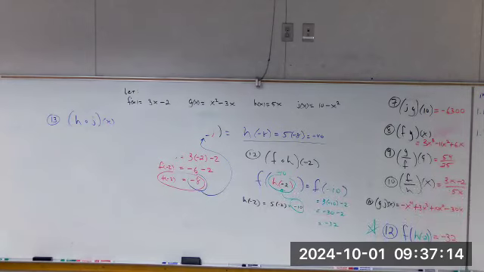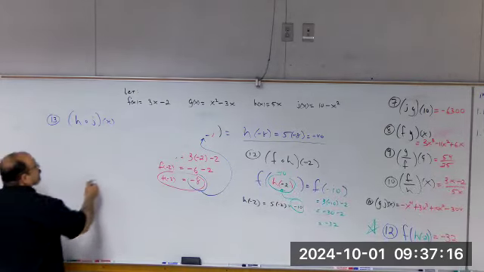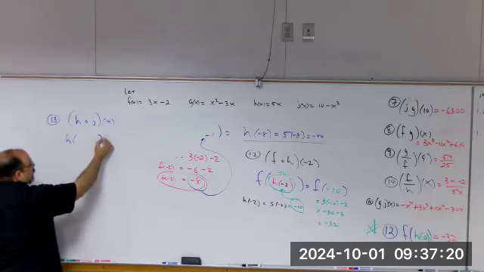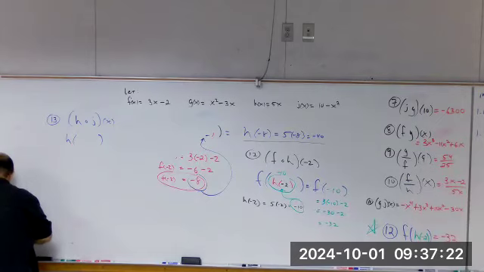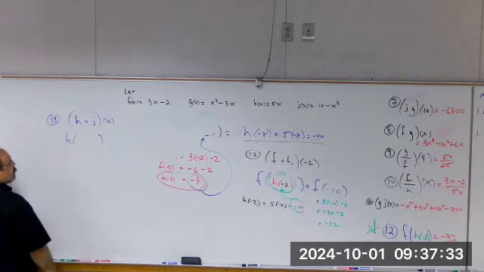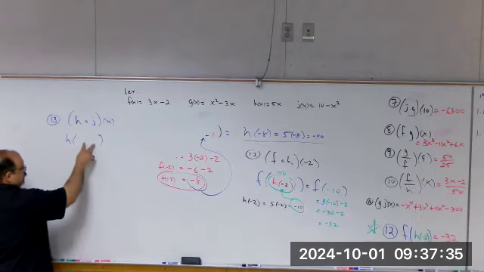So when we rewrite it, the outer function is H. What am I plugging into the H function? First, just rewrite it. What goes in here?